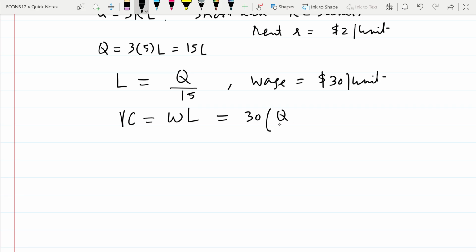I want to produce an output of Q. Labor input is Q over 15, which gives me 2 times Q as the variable cost.